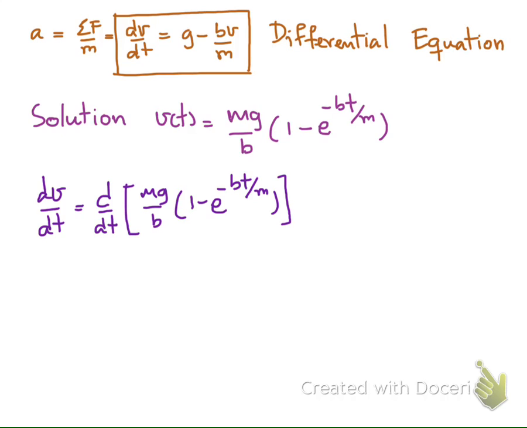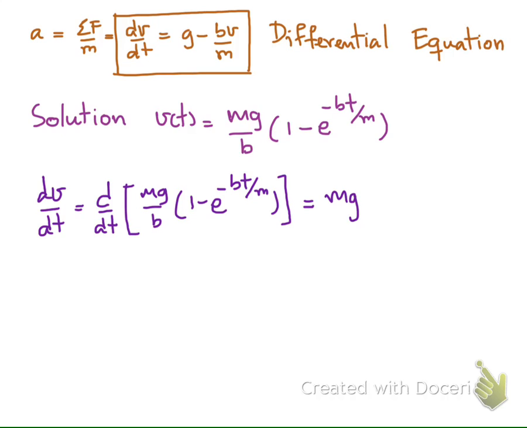Okay, we do the derivative of the subtraction here. It means that we do the derivative of the first and the second term separately. But you can see that the first term is a constant. So if you do the derivative of the first term, it will equal 0. Right?